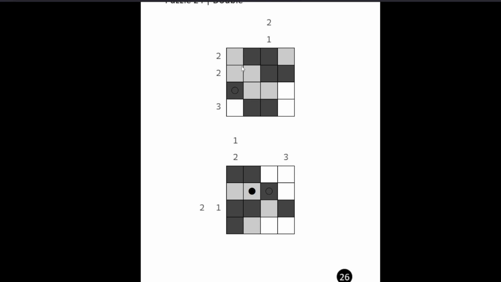So white can either just go straight down here, or it can hop down here and then finish down there. I don't know which. Oh, this 3 makes that black. Okay. One of these must be white. That's not that helpful.